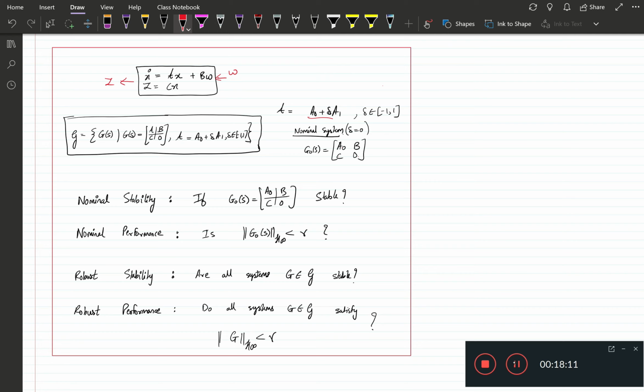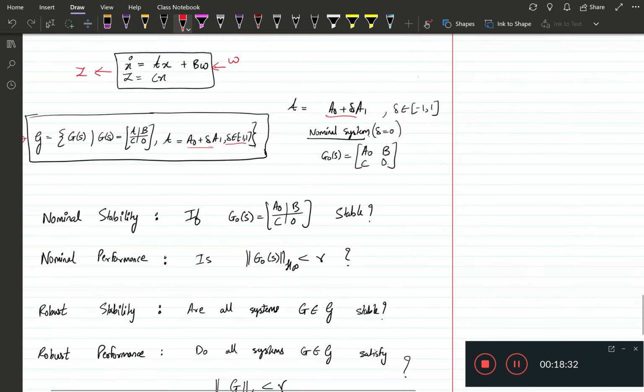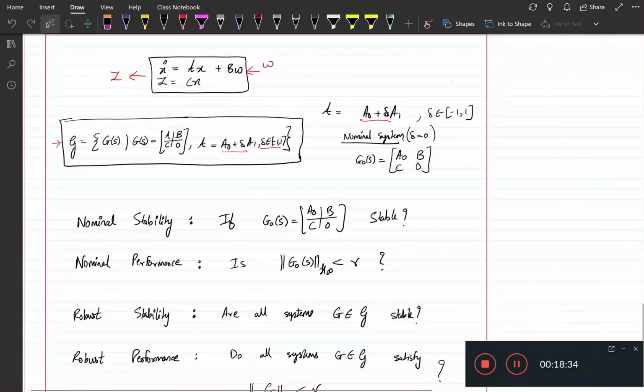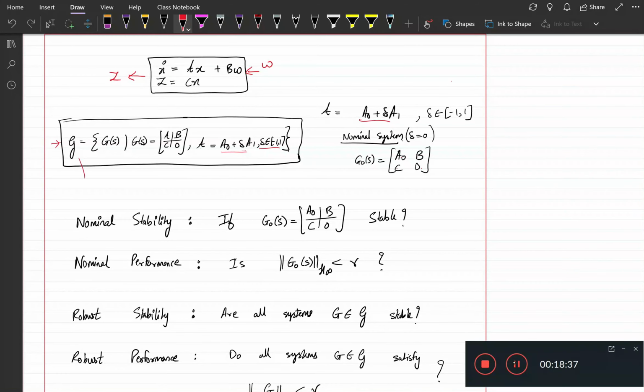And then let's define this set calligraphic G, which is the collection of all systems of the form A, B, C, 0, where A is of this form, A0 plus delta A1, which is what we see here, and delta varies between -1 and 1. So this G is basically a collection of all possible systems we can have as the A varies in the given range.